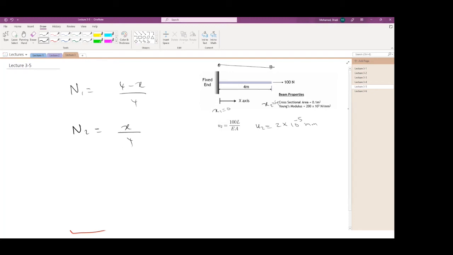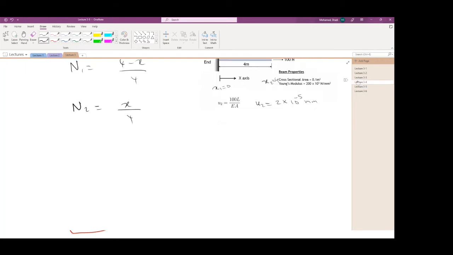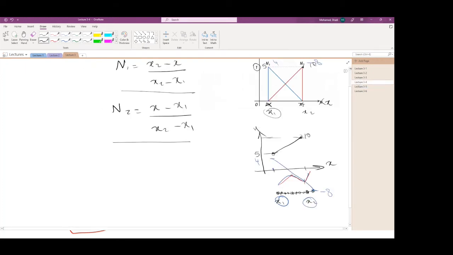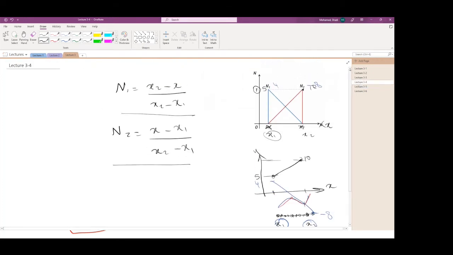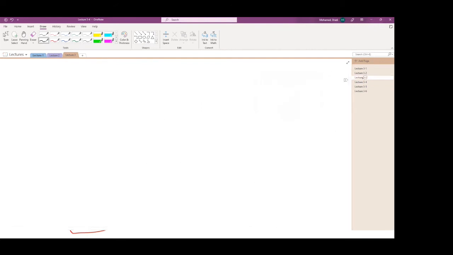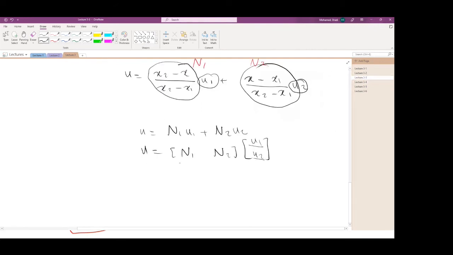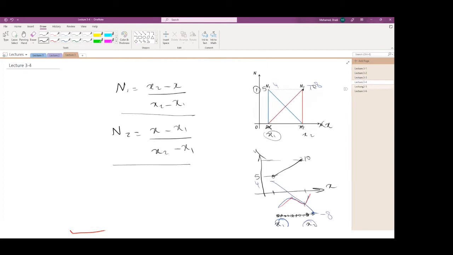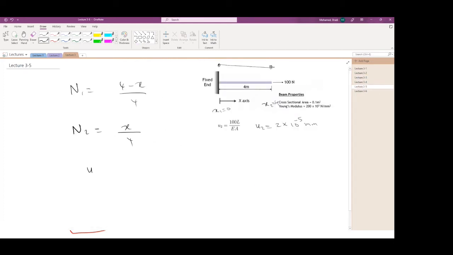The expression for the displacement in terms of N1 and N2 is here. So this is the expression I have for the displacement in terms of N1 and N2. So U is equal to N1, N2 multiplied by U1 and U2.